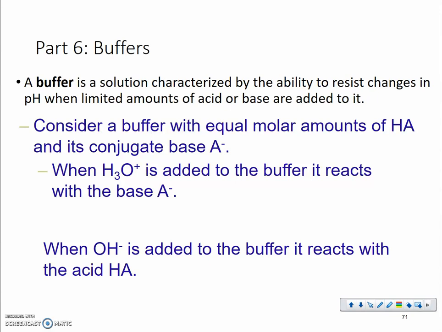So what this does is the two different components have two different purposes. If you add H3O plus, so some amount of acid, it's going to react with the conjugate base that's present. And essentially, it's going to neutralize it.